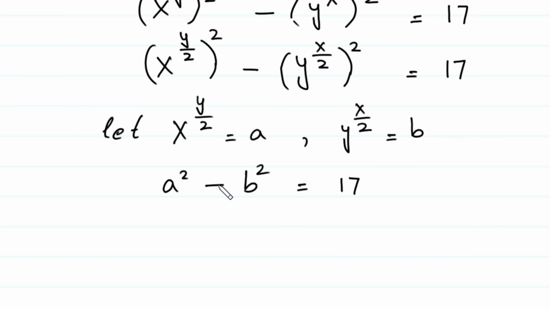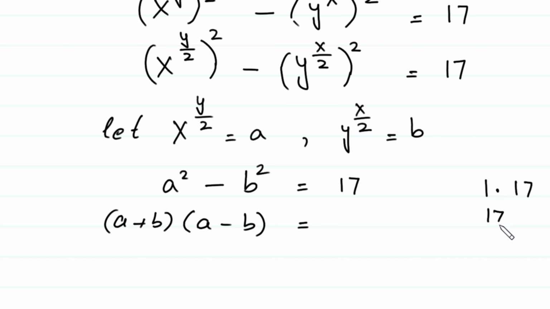Next, we factorize both sides. This a square minus b square can be factorized as a plus b times a minus b is equal to, and this 17 can be factorized as 1 times 17 or 17 times 1.